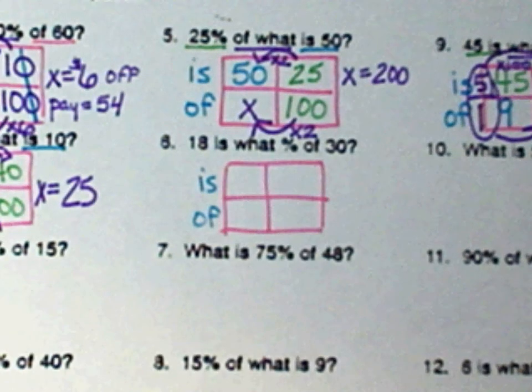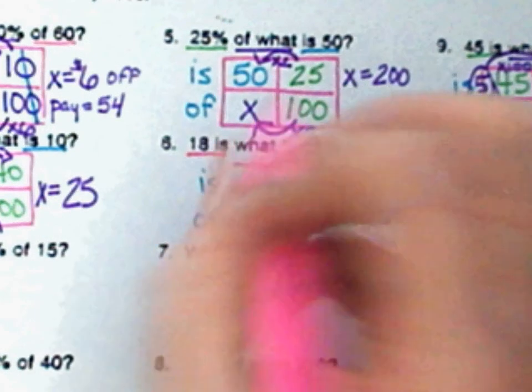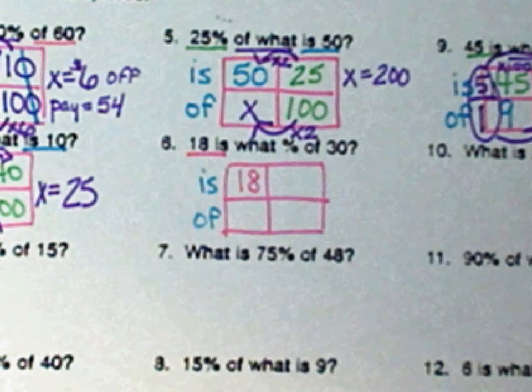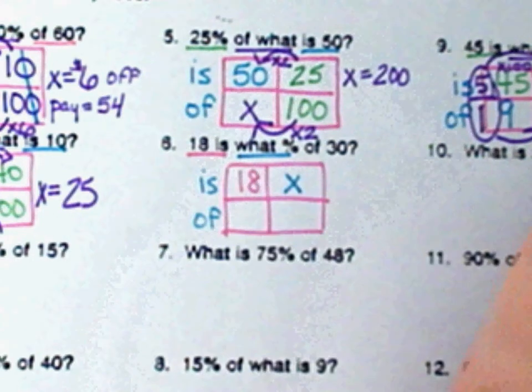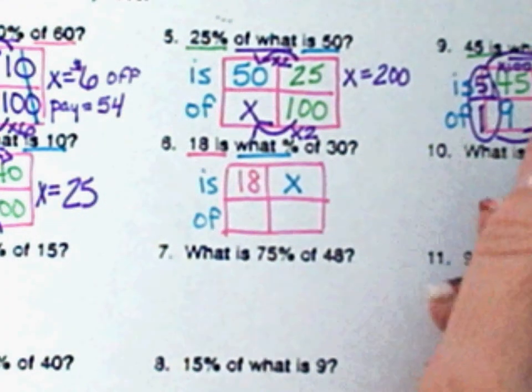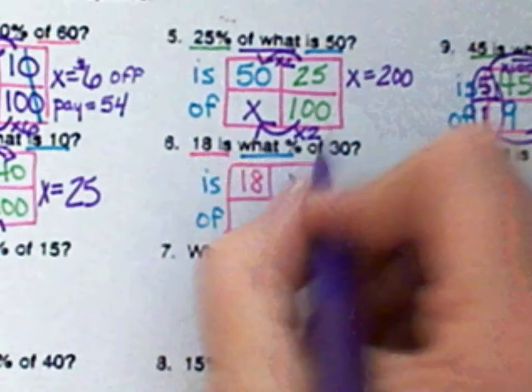Okay, so you should have tried this one on your own. Start with our percent box. Label is and of. 40%, we know our percent, it's written as 40 over 100. Of what means the X is going to go into the of.